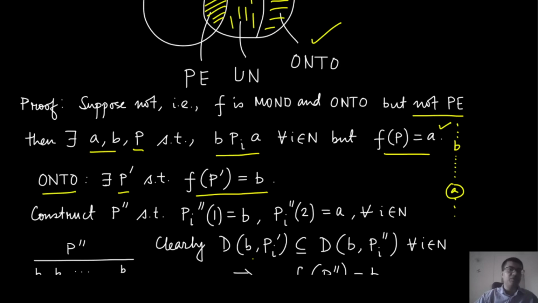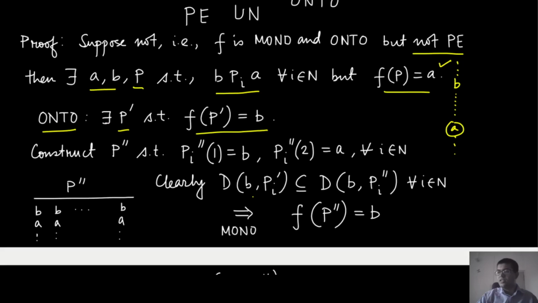Now the proof technique that we will be using is very similar to what we did in the previous lemma. So we will construct a P double prime. What is the structure of that P double prime? The first position for all the players will be B, and the second position is taken by A for all the players.